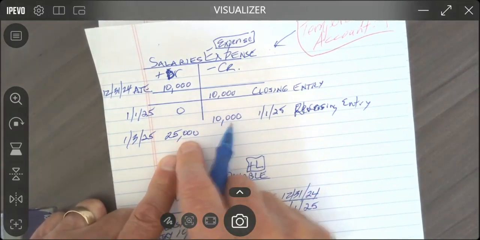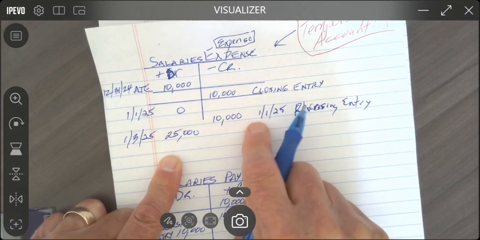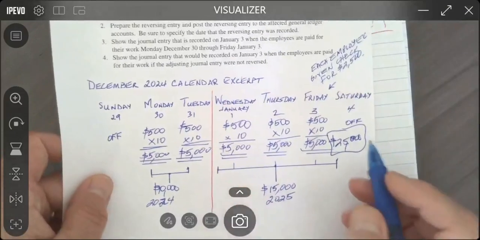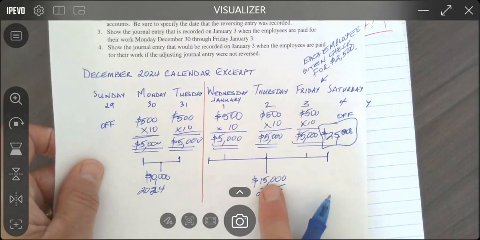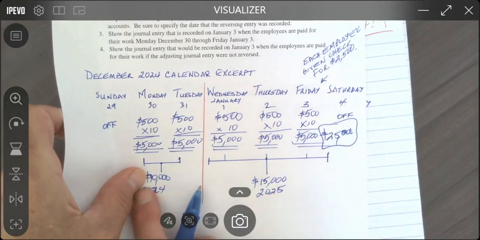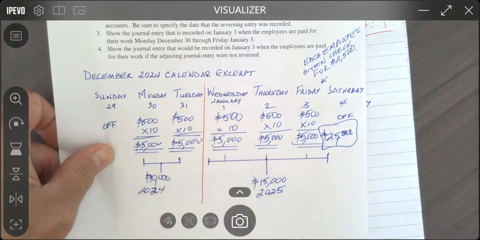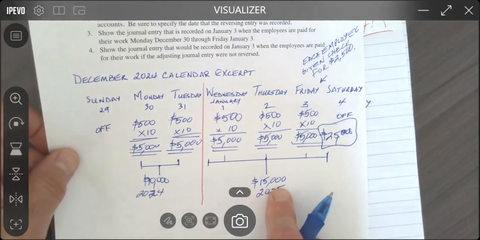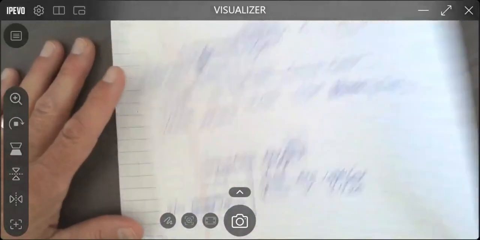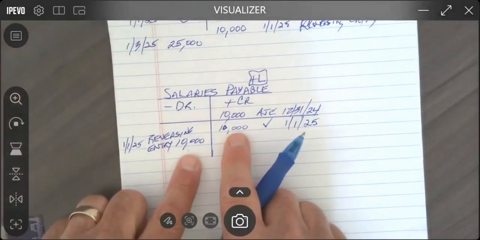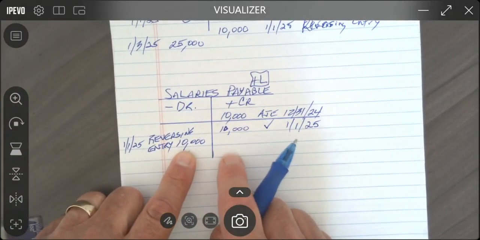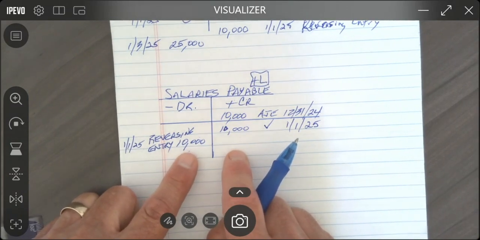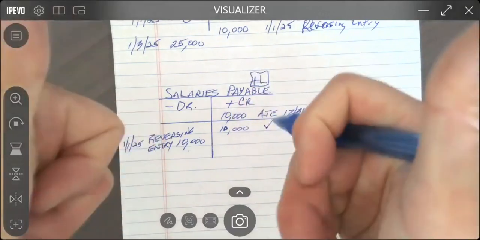Why not $25,000? Because it started after that reversing entry. We put it in a negative $10,000 position. But here's the beauty. That's exactly what we want, because the first $10,000 of that $25,000 we expensed in the prior year. Similarly, when we reverse the payable, the balance went down to zero. There is a zero balance in the payable account, which is exactly what we want. It worked. I'm giving the thumbs up there.